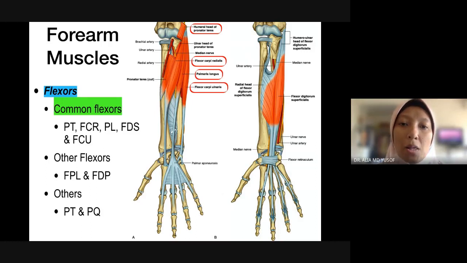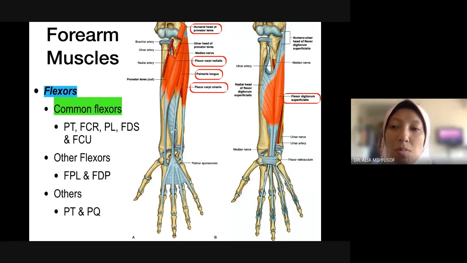All these 4 muscles in the common flexor muscles are superficial layer muscles of the forearm. On top of these 4, there is another muscle in the middle layer of the anterior forearm muscles, known as the flexor digitorum superficialis muscle.